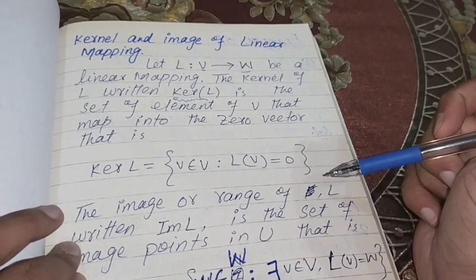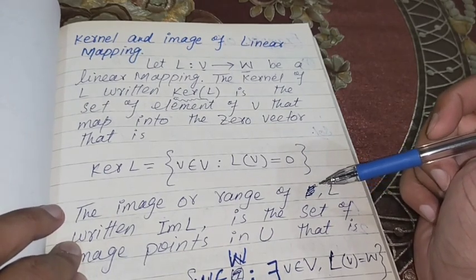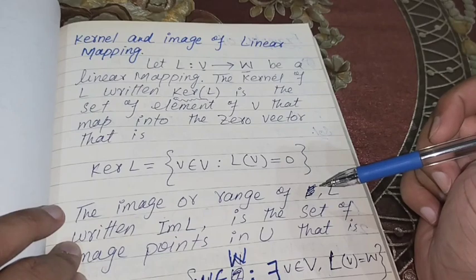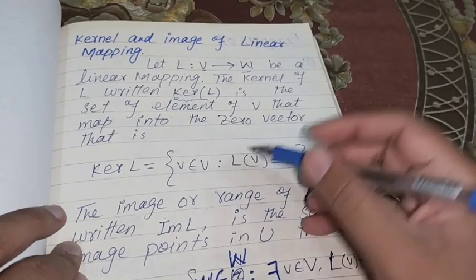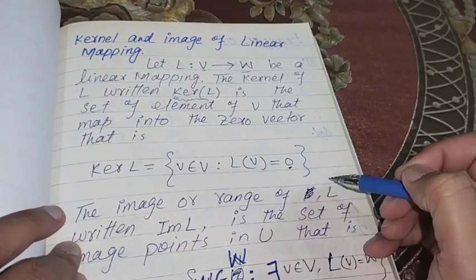Actually, the kernel of a linear operator is the collection of those elements which map to the zero vector.